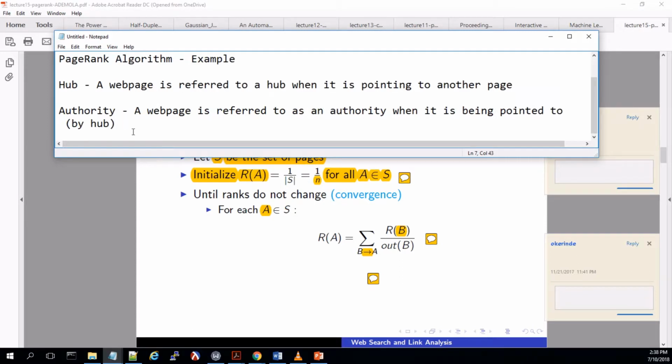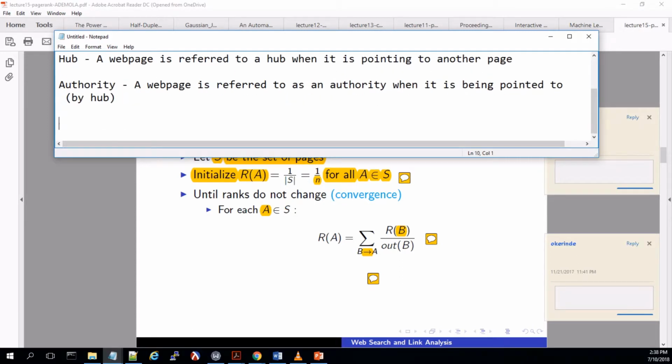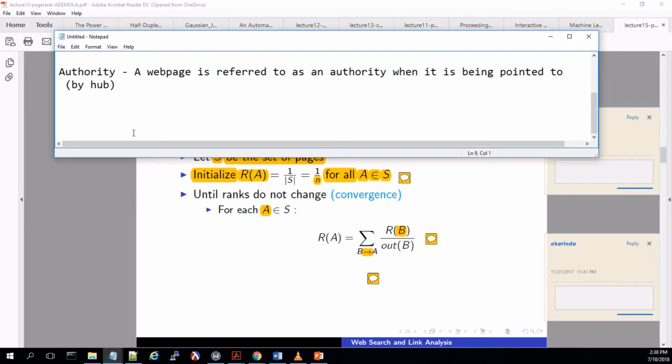So for me to calculate the rank of A, let's look at it together now.